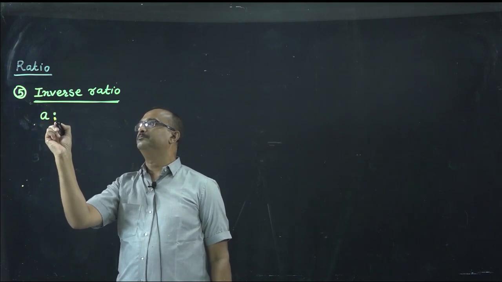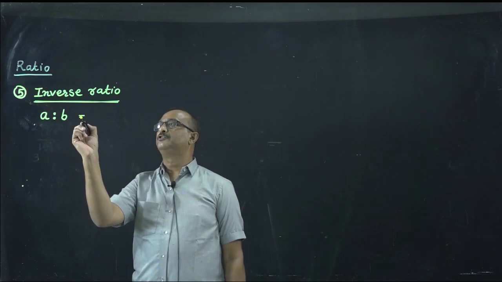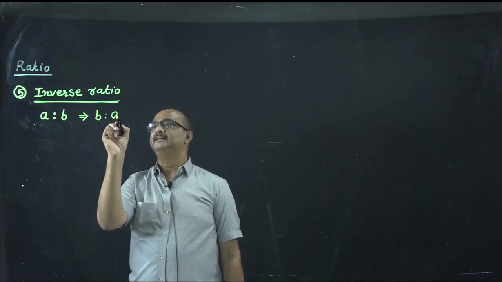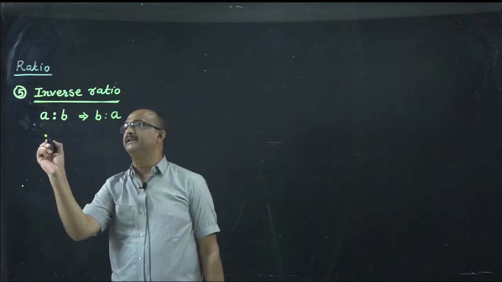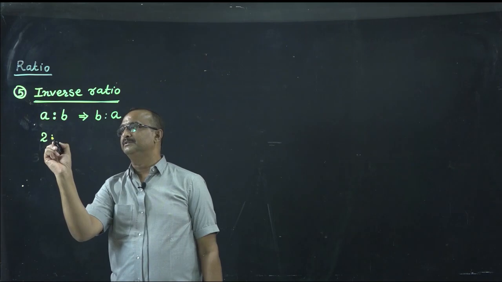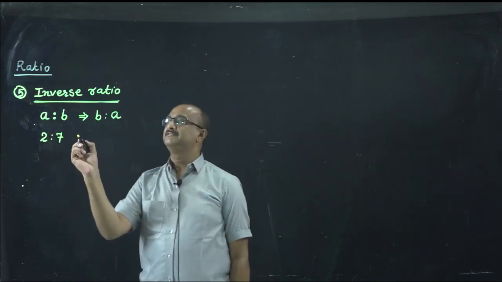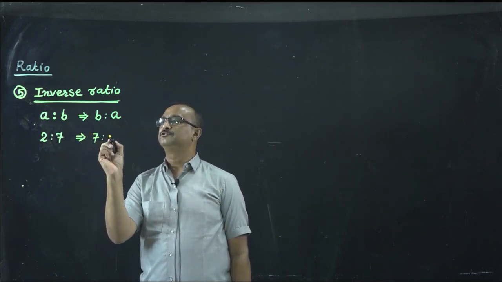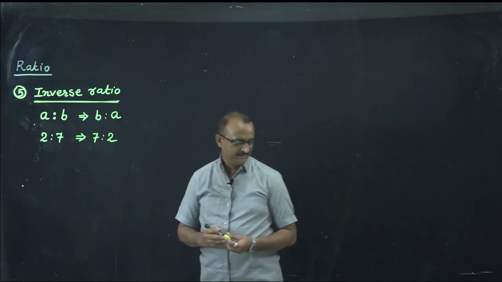If A is to B are in the ratio, the inverse ratio of A is to B is B is to A. In other words, we can say the reciprocal of A to B. For example, 2 is to 7 are in the ratio. What is the inverse ratio of 2 is to 7? It is 7 is to 2. So it is a very easy topic, inverse ratio.